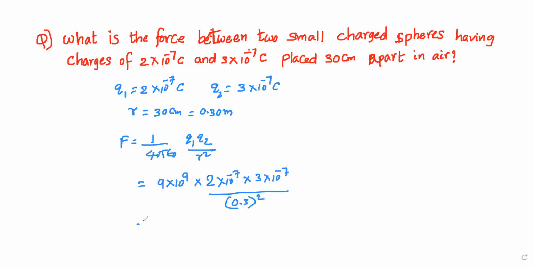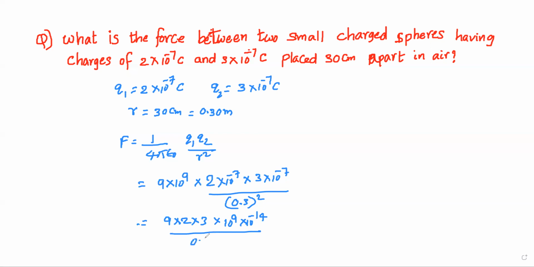So that is equal to, you can multiply that, 9 into 2 into 3, then all the 10 powers: 10 power minus 7, 10 power minus 7, 10 power minus 14. So 10 power 9 into 10 power minus 14 by 0.3 whole square.